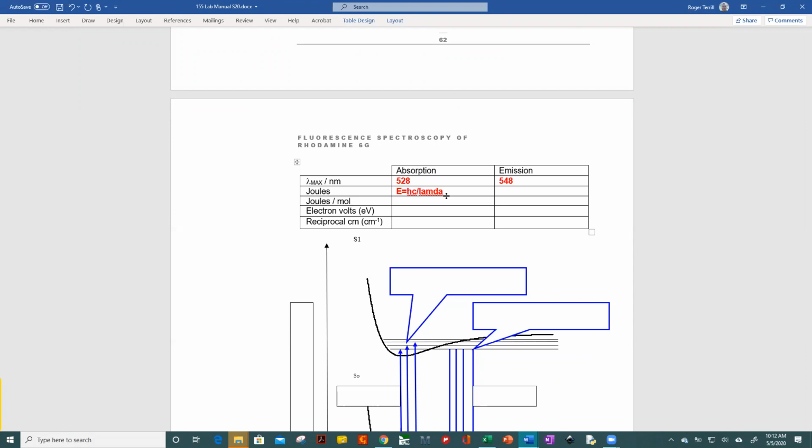Then this is just E times N_A. And in electron volts, there's a conversion between eV and joules.